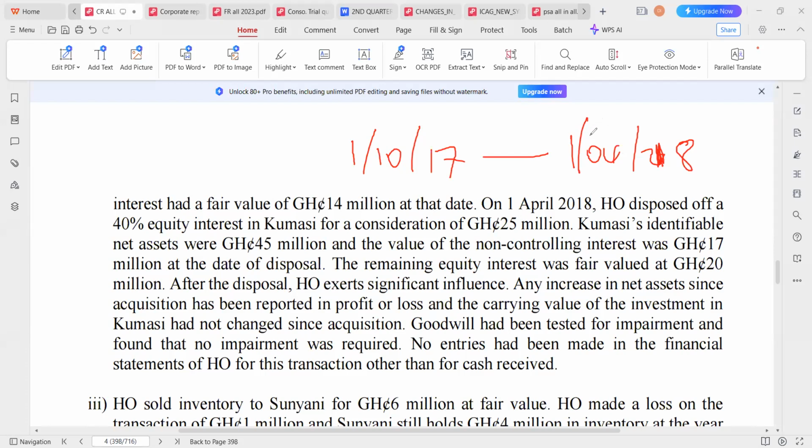Indirectly, we are ending at March. So that will be 6 months. We agree that is 6 months.